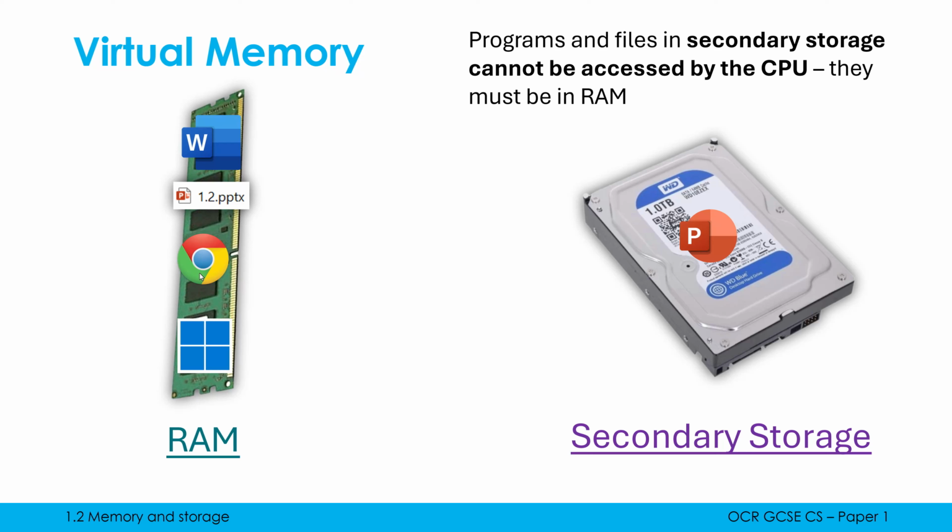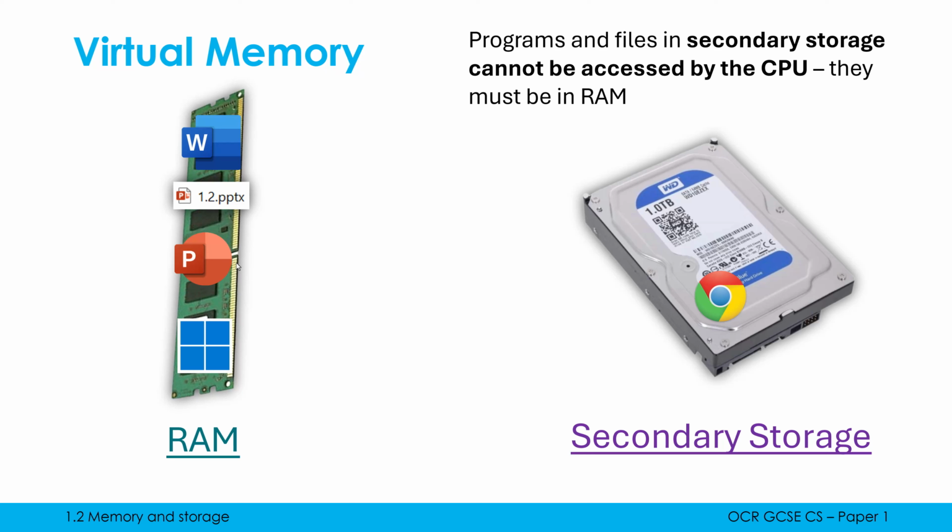So maybe Chrome is the next oldest program in RAM. We instead are going to move Chrome into secondary storage, into this virtual memory. We then can move PowerPoint back into RAM so that I'm able to use it.